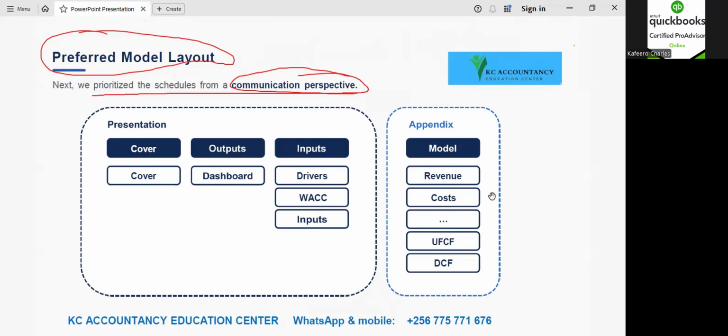It makes sense for us to present the schedules in a logical and linear order, from the inputs through to the outputs.